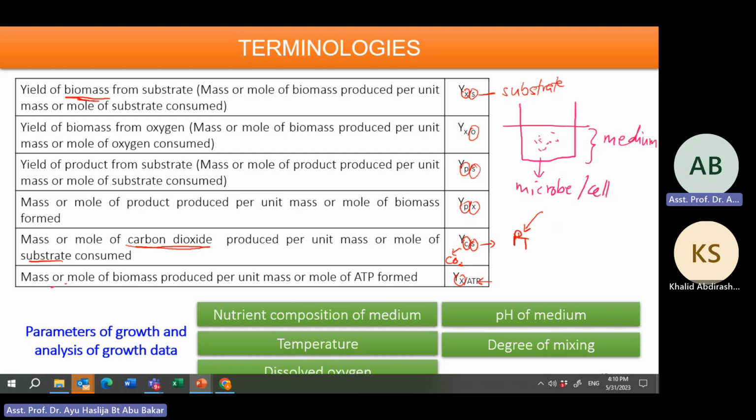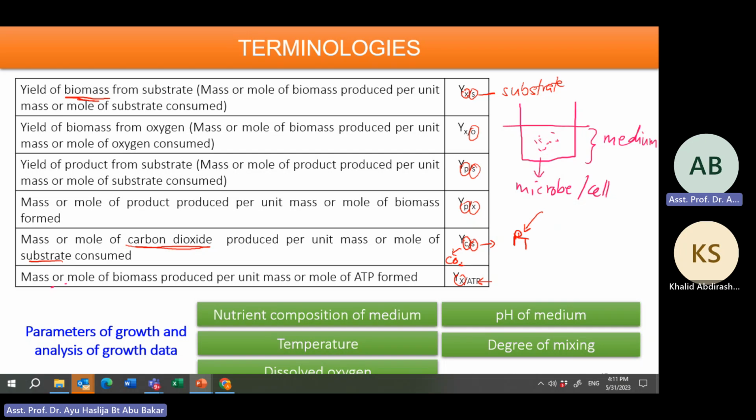So that's why it is important for us to take care of the microbe to make sure it grows well, because it will consume the substrate, then react and produce the product that you require. For example, production of bioethanol uses sugar in a fermentation process.